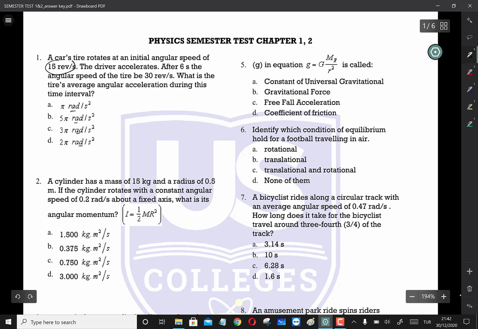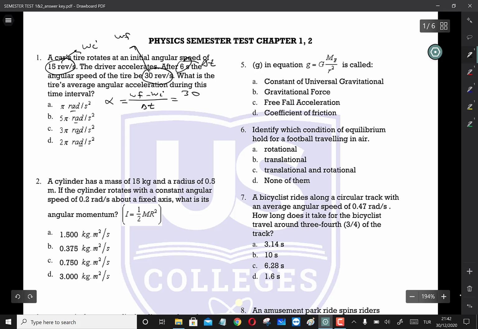So the initial angular speed is 15 revolutions per second. The final angular speed is 30 revolutions per second. The time interval is 6 seconds. First, let's get the average angular acceleration in revolutions per second squared, which is omega final minus omega initial divided by delta t.